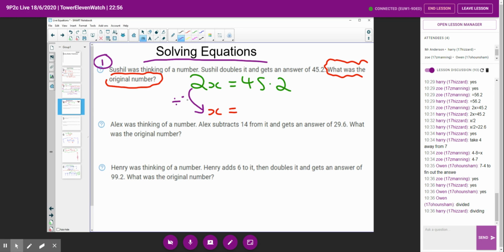What I'm going to need to do is divide by 2. So if I'm dividing that by 2, I need to divide my answer by 2. So 45.2, we want to divide it by 2. Okay guys, so what answer do you get when you do 45.2 divided by 2?